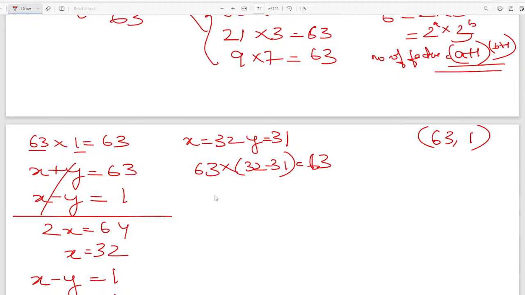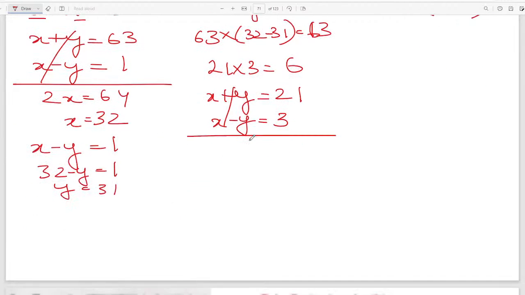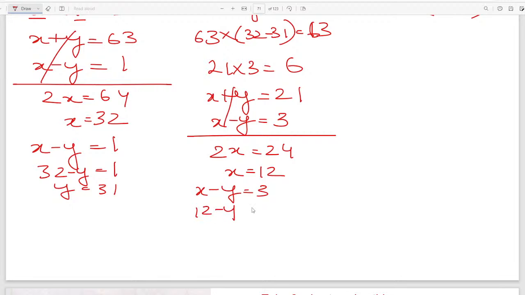Again 21 into 3 is 63. So x plus y is equal to 21, x minus y is equal to 3. So 2x is equal to 24, x is equal to 12. x minus y is equal to 3, 12 minus y is equal to 3, y is equal to 9.